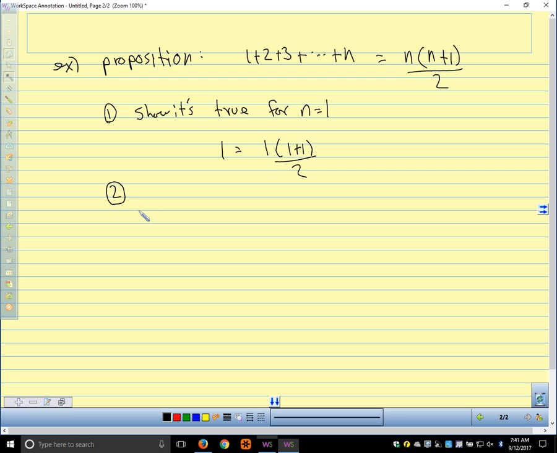For our second step, we're going to assume that 1 plus 2 plus 3 plus ... up to some k equals k times k plus 1 over 2, for some k greater than 1.